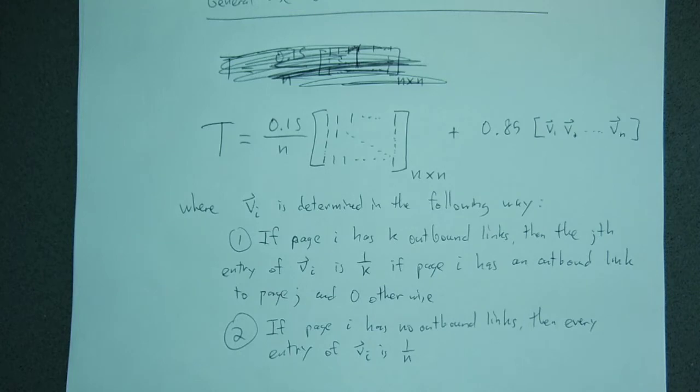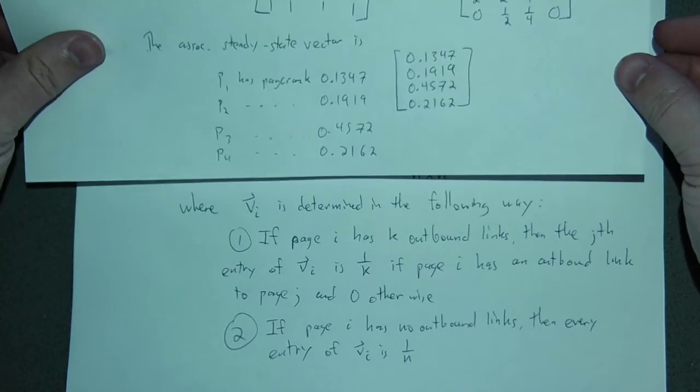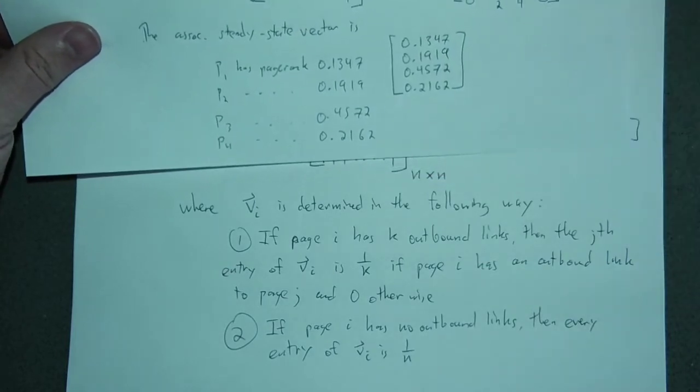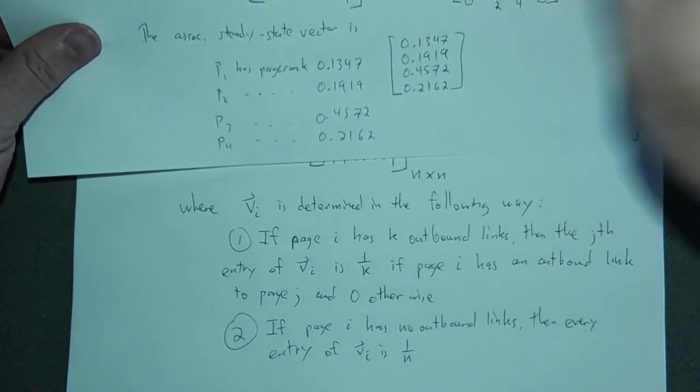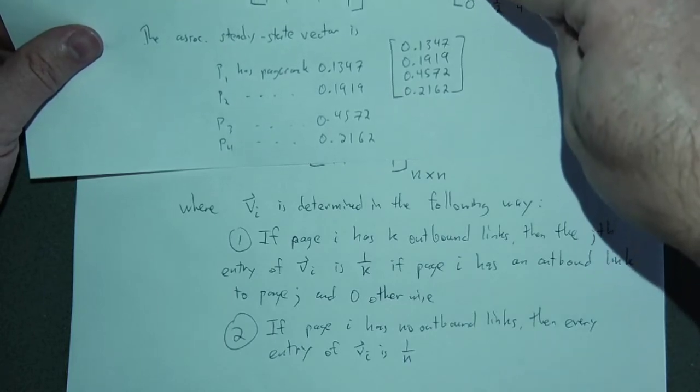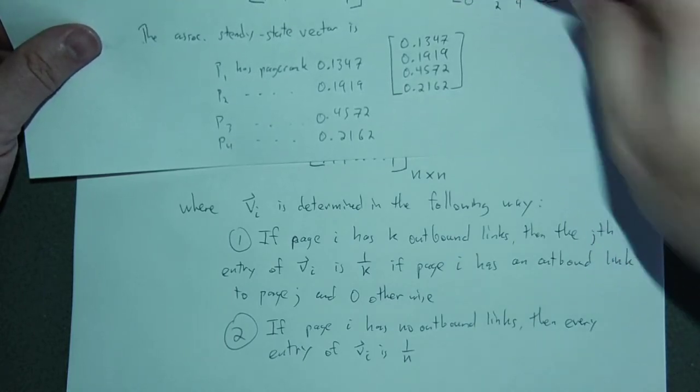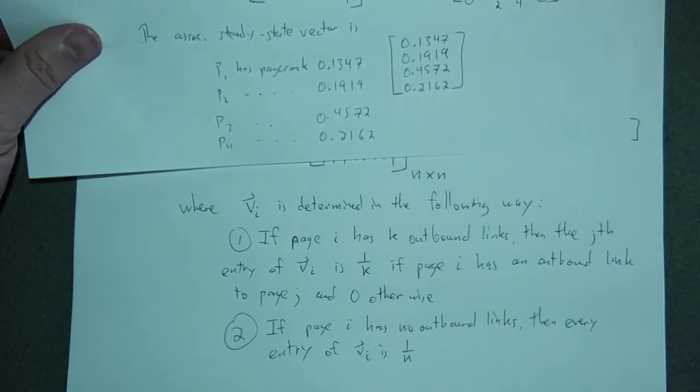So you can compare this with the previous example to see that it exactly follows in that way, right? So let's go back here. Here's my previous example. So in my first vector, the only entries that are non-zero are the second and third entry. So why is that?